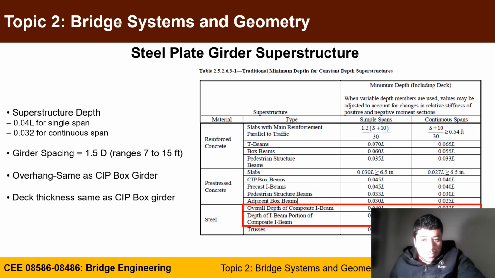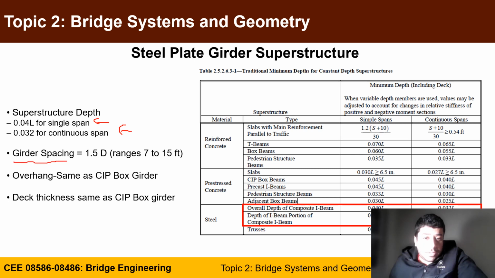And if you can see here, sorry again, because it's actually covered by my video, but you can go back to your slide. Here you can see the overall depth, which we discussed earlier, or the depth of only the I girders. As you can see here, I extracted for single span 0.04 for the overall depth and 0.03 for continuous.